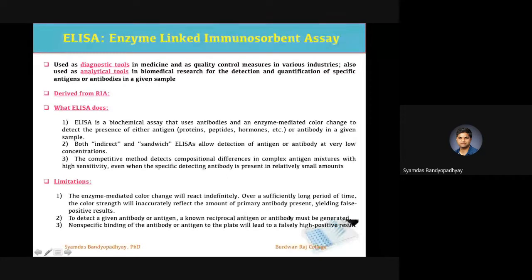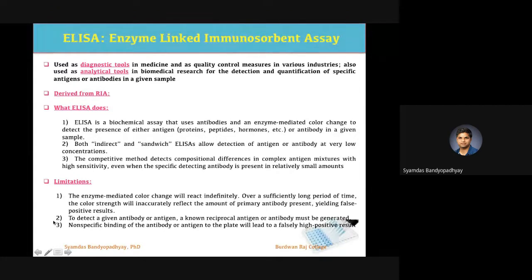So what essentially this point suggests is that you have to purify the corresponding antibody. Even if this antibody is not available in the market, you have to make it using one or other technique. So you must make the antigen-antibody pair available in order to perform enzyme-linked immunosorbent assay or ELISA.